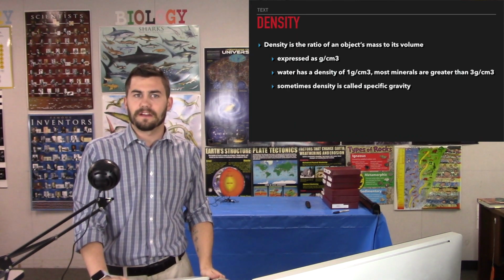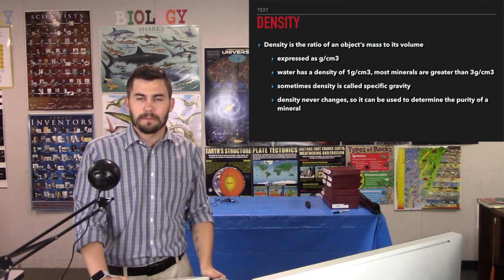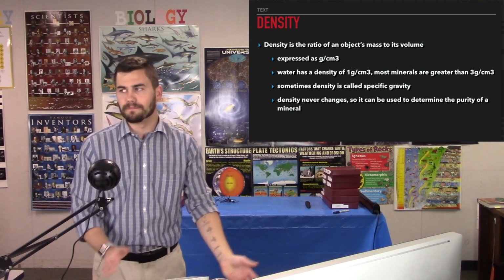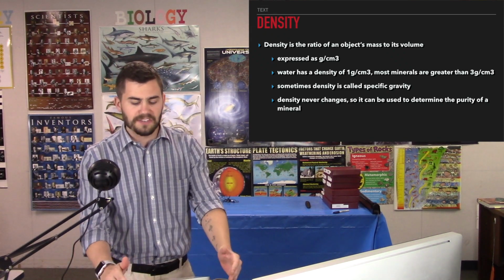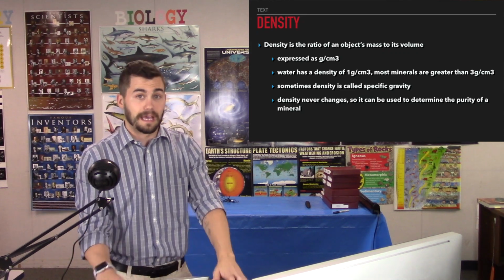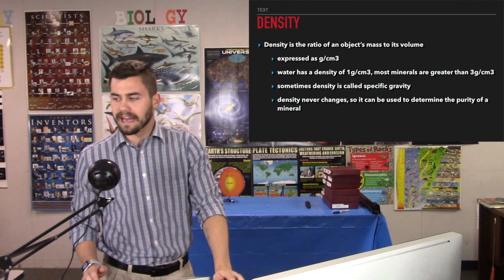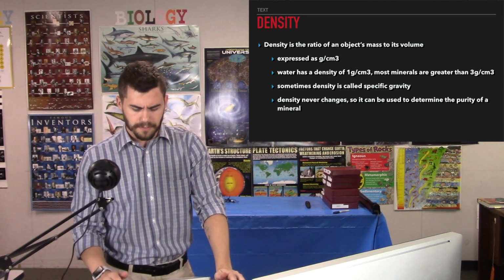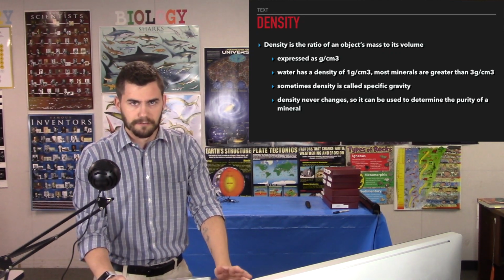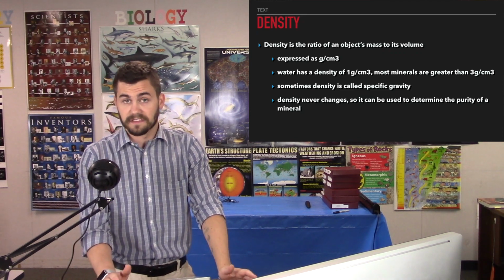And then finally, there's density. Each mineral has its own specific chemical composition. So for example, hematite and galena look really similar to each other. They both just look like silver metal substances.